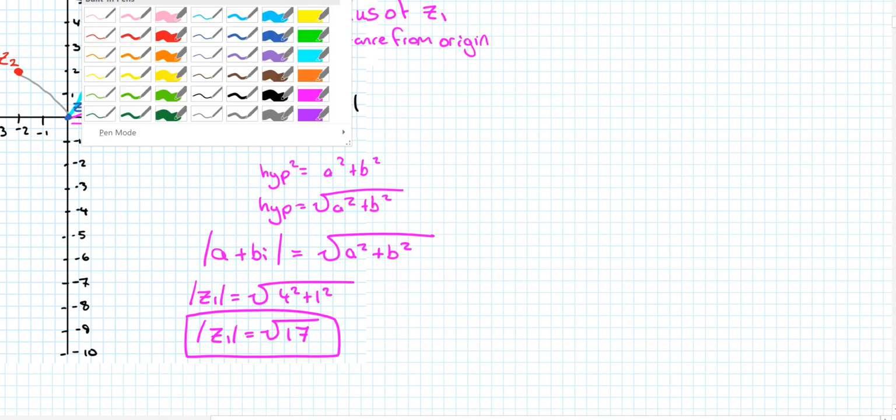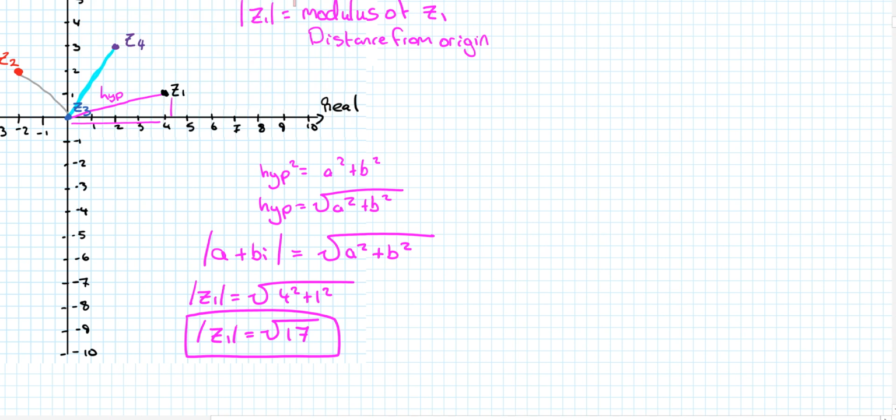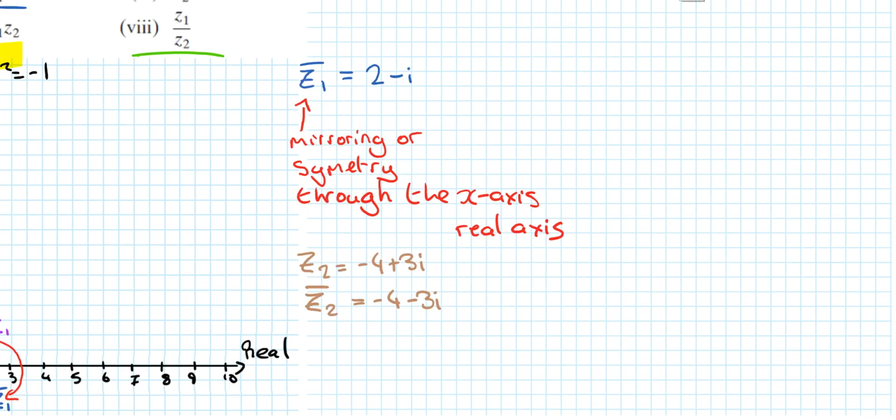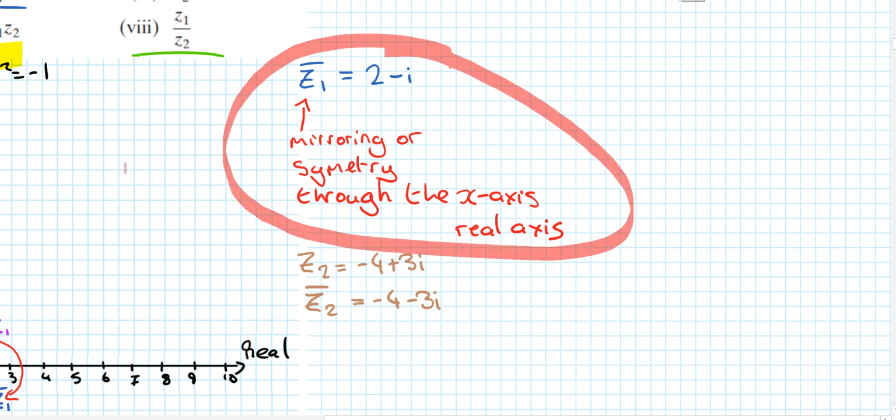Okay, so just to reiterate the real key points from today, that symbol means the modulus, and it's the distance from the origin. We know we have a formula for it, and we know it comes from Pythagoras. What else do we need to know? We need to know that a conjugate is just the mirroring through the x-axis or the real axis.